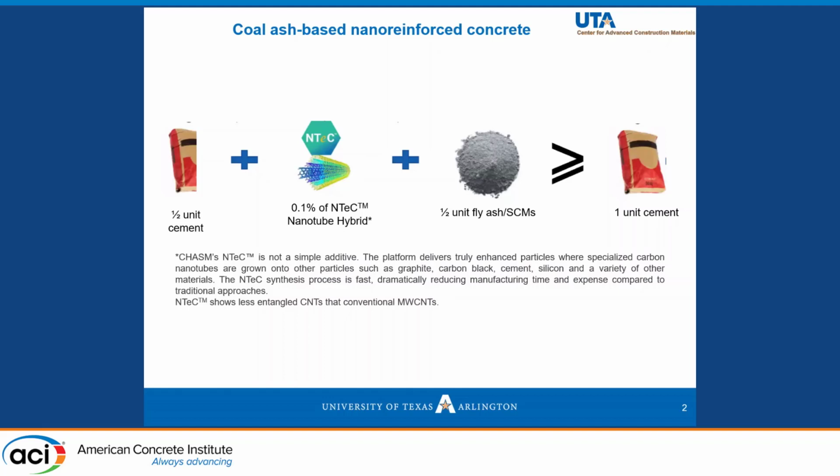These CNTs are hybrid CNTs, grown in situ on a variety of other particles, for example carbon black, cement, or silicon. Studies in their lab have shown that NTEC CNTs are less entangled than conventional multi-wall carbon nanotubes. So that started our research in developing high-volume fly ash cementitious materials.